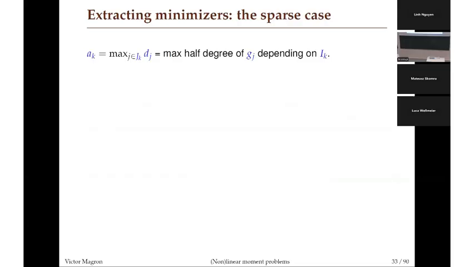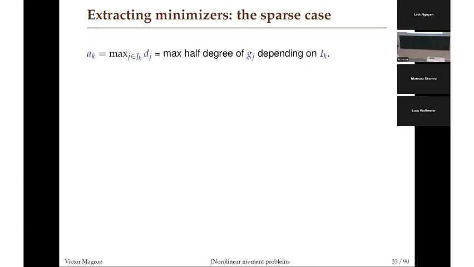And we can also do that in the sparse case. In the correlative sparse case, it's more complicated. This a_k here depends on the constraints seeing the first subsystem, the constraints seeing the second subsystem. But for simplicity, assume that all of these are 1.